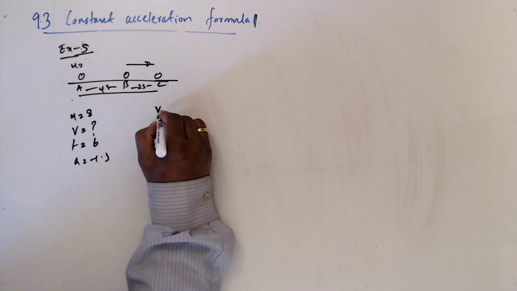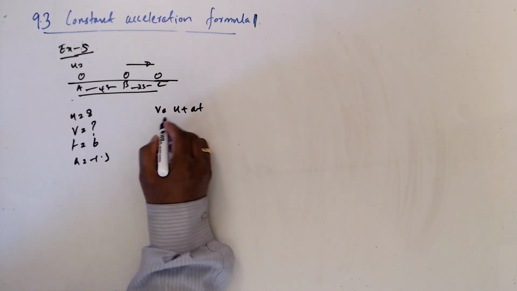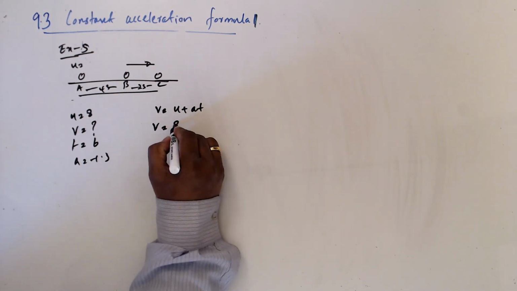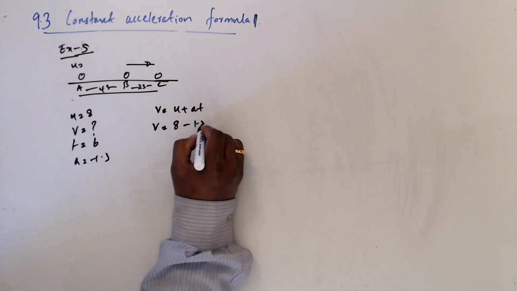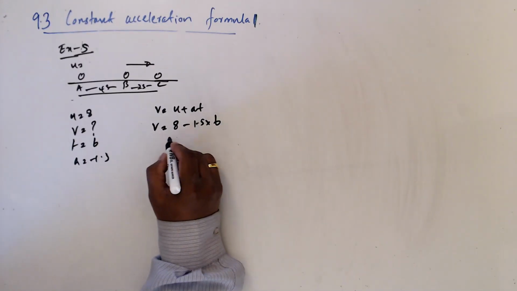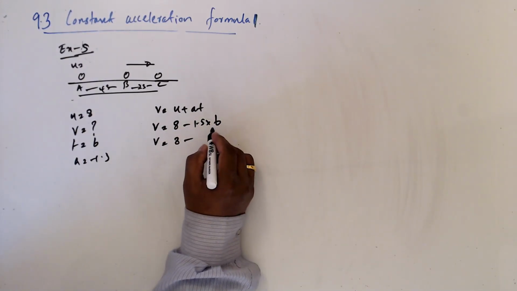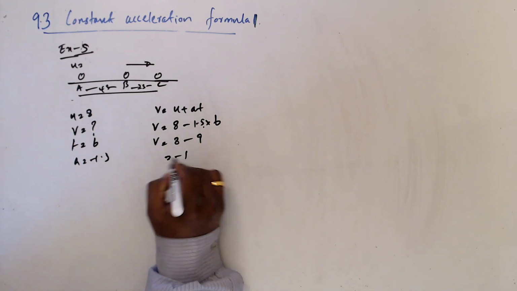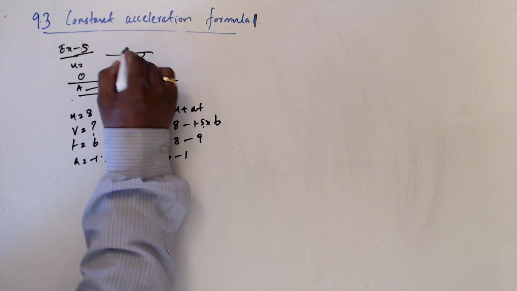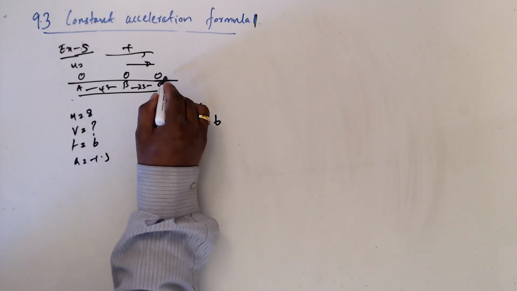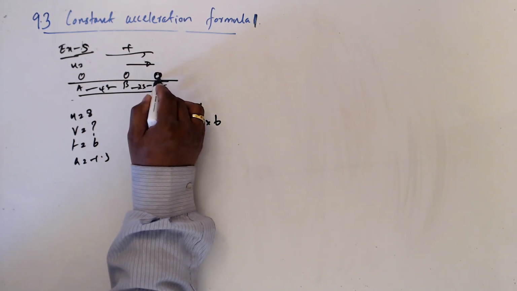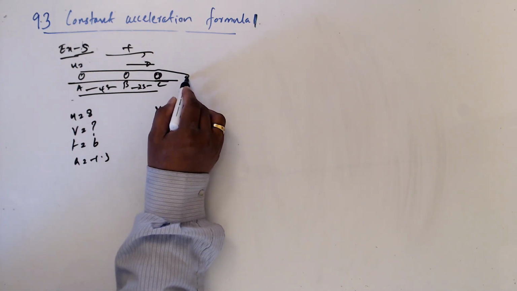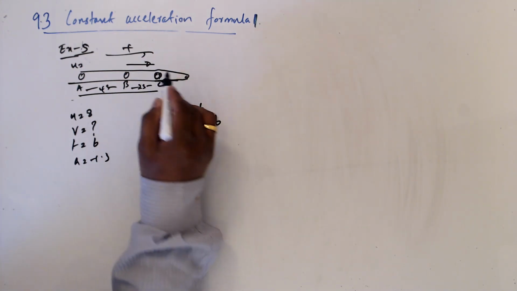So we can put V equals U plus AT. V we don't know, U is 8, then minus 1.5 times 6, which is 8 minus 9, which is minus 1 m/s. So this is the negative direction. It means the particle goes to 0 and is now on the return journey.